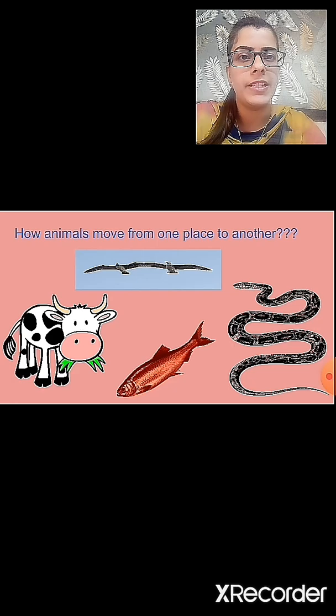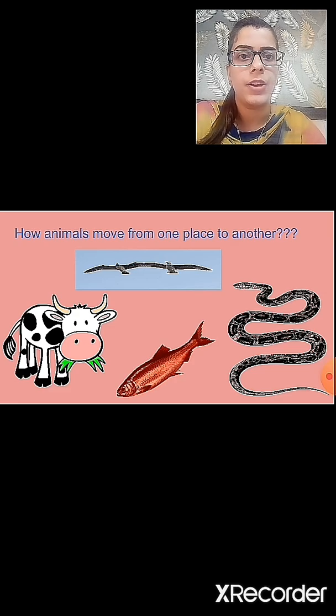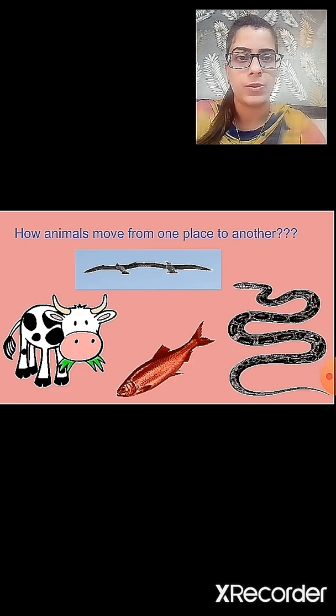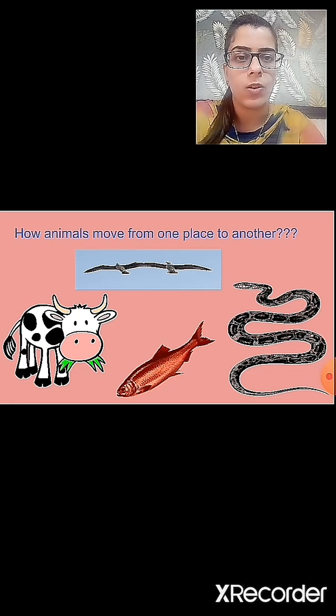Now, how do animals move from one place to another? We have seen that we humans use our legs to move from one place to another. Similarly, we have also studied that the animals use different parts of the body to move from one place to another, and they also show different movements for moving. Like cow uses its legs to walk.